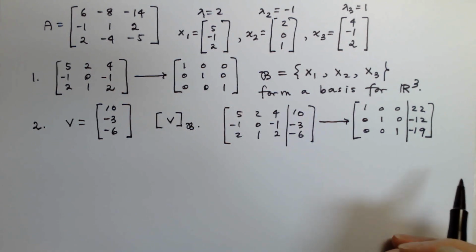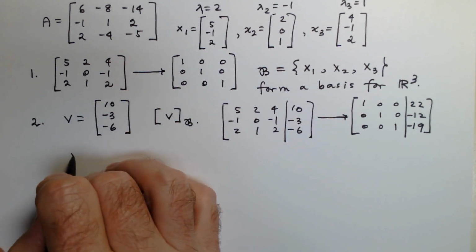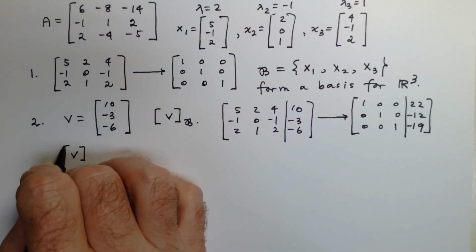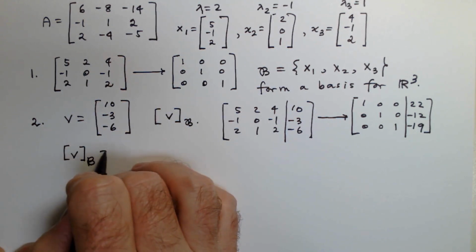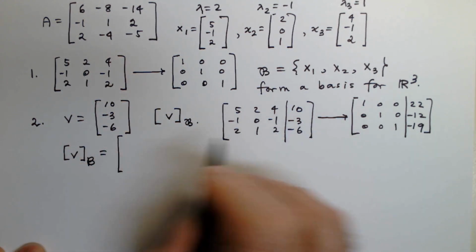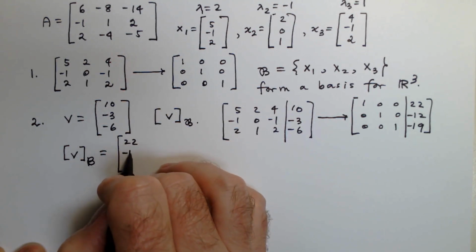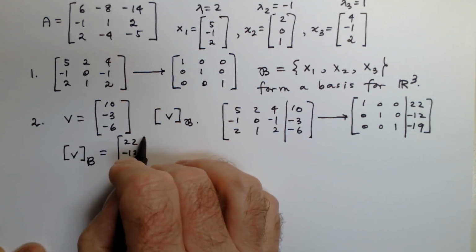So there's a couple of different ways we could express this. We could say that the coordinates of v relative to the basis B consist of 22, negative 12, and negative 19.